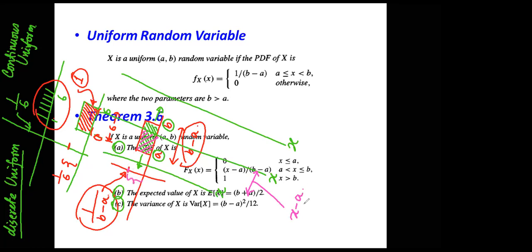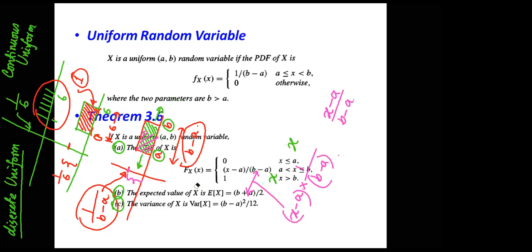It is 1 by B minus A. So the area will be X minus A into 1 by B minus A, that is, X minus A divided by B minus A. So the CDF in this range is X minus A divided by B minus A. That is the area before point X, when X is between A and B.